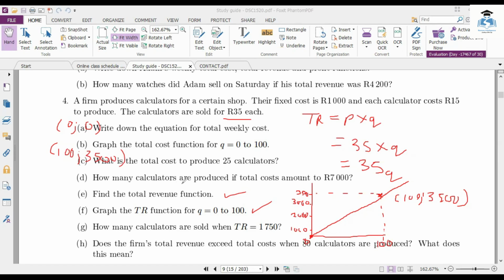When I'm looking at the different graphs they might have provided, I will check the one that resonates with this one, which starts from this point and also ends at this point. So if the option is C, I will then answer C.